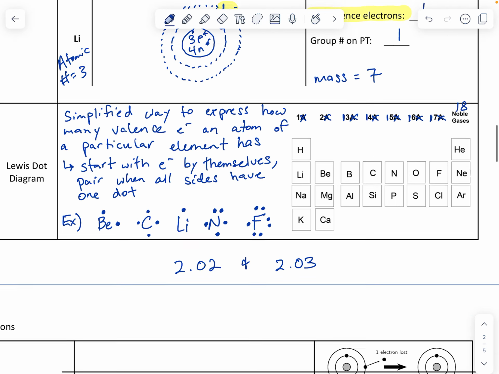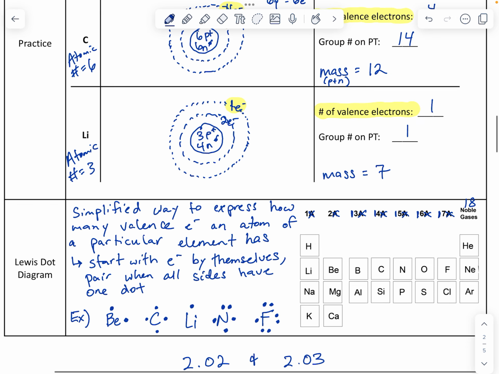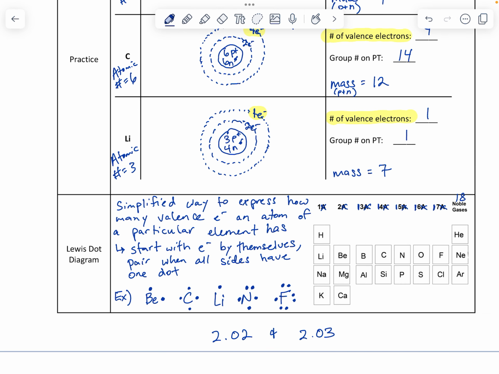That'll be more 2.03. All right, so if you have any questions, please feel free to bring them with you when we next meet, and I hope this helps.